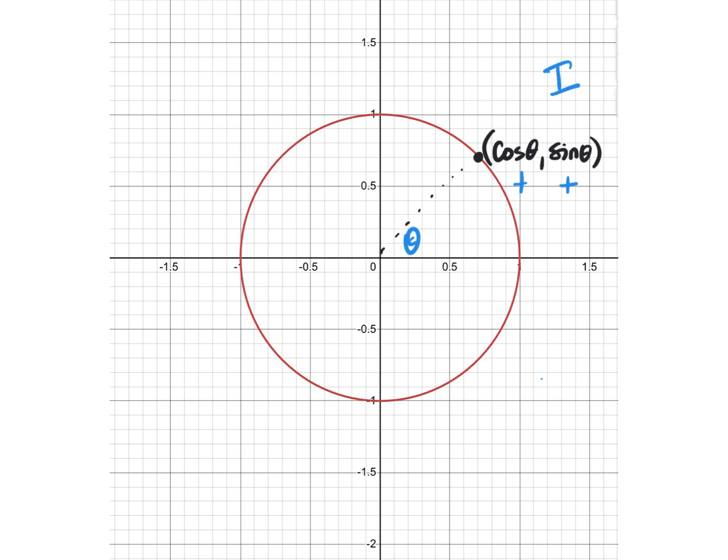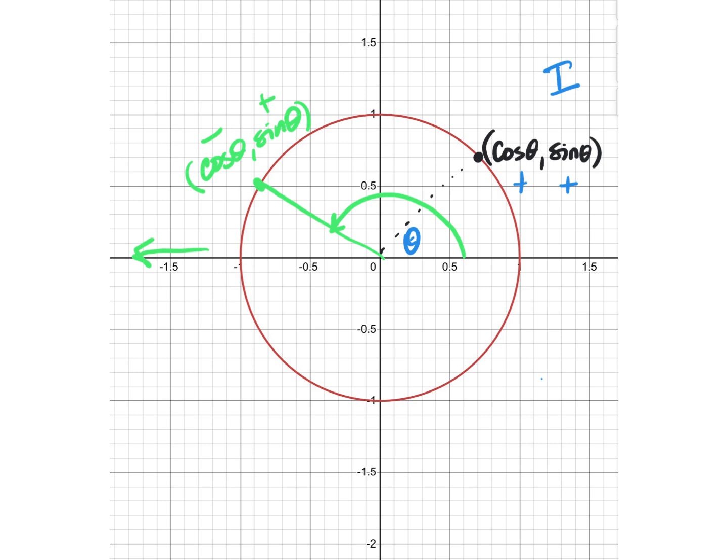If we were looking at an angle in the second quadrant, the coordinates of the points in the second quadrant have a negative x coordinate and a positive y coordinate.